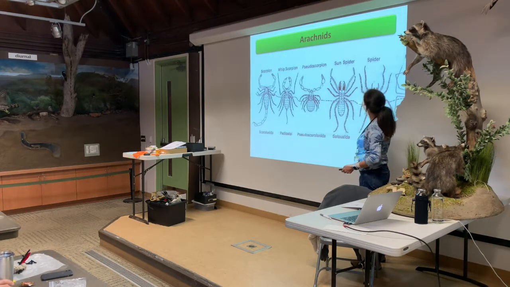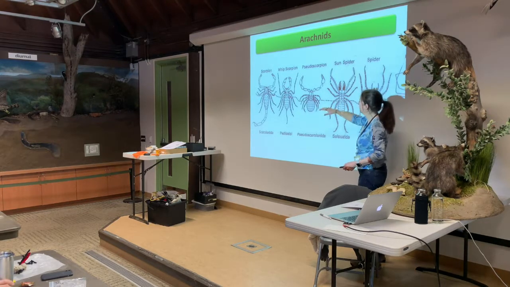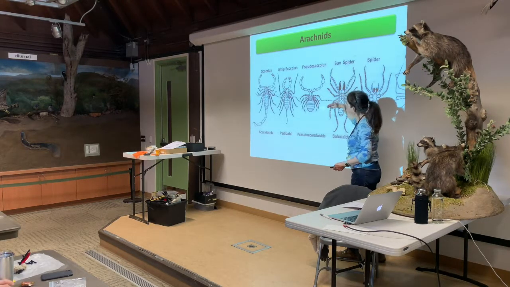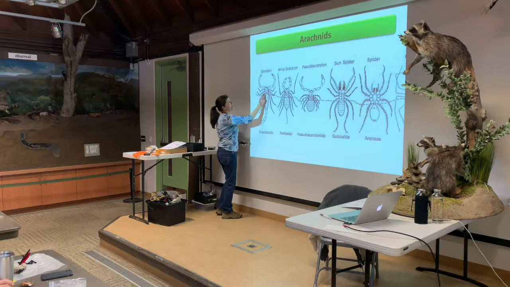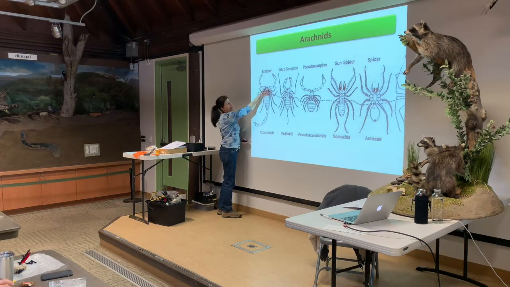All right, here are our arachnids from that one screen, showing you where the divisions in the bodies are. So here's a scorpion, here's the cephalothorax, here's those 8 legs coming off the thorax portion of that cephalothorax.